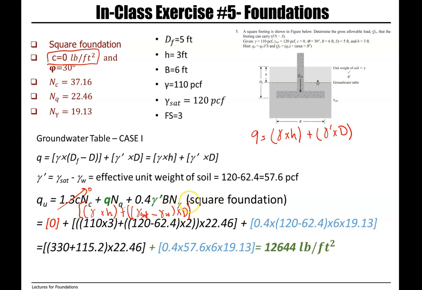And then you multiply this by NQ. The third term, we have 0.4 times gamma prime. Gamma prime again is gamma saturated minus gamma W times B times N gamma. So if you do the calculation, you get the ultimate bearing capacity.